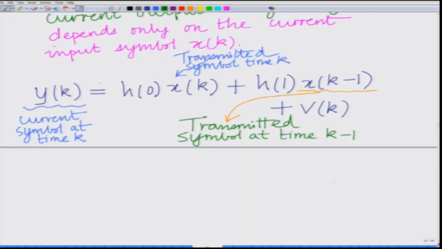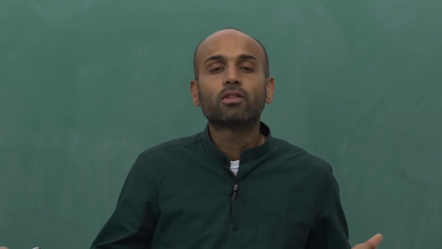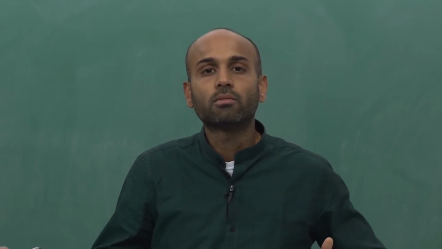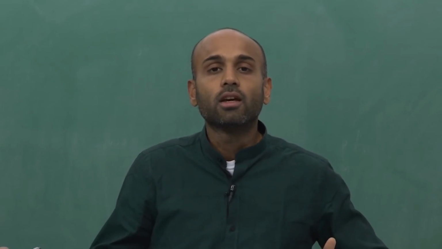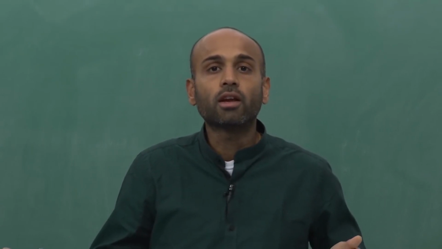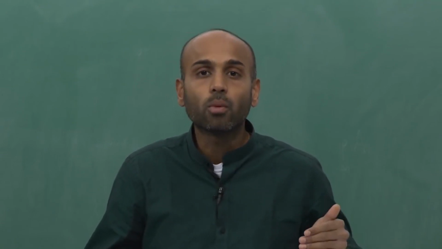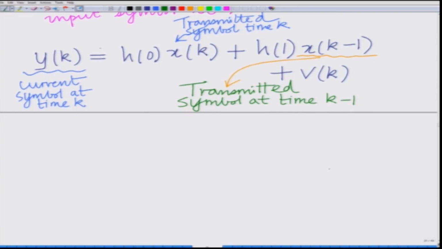So what we are observing is that unlike previously, where the received output symbol yk depends only on the transmitted symbol xk at time instant k, in this scenario the output symbol yk depends not only on xk, but also on the previous symbol, xk minus 1. Let us write this down, since this is an important aspect.